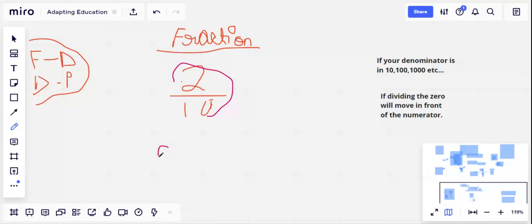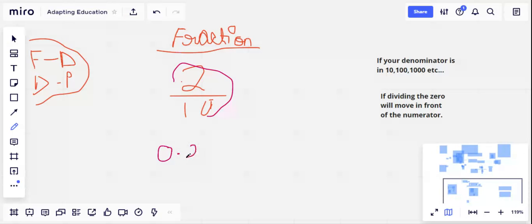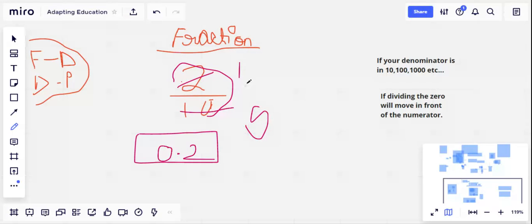It will be 0.2 in decimals. And if we do it in fractions, 10 comes in the table of 2, so 2 1s are 2, 2 5s are 10, and if you further divide 1 by 5, the result will be 0.2.